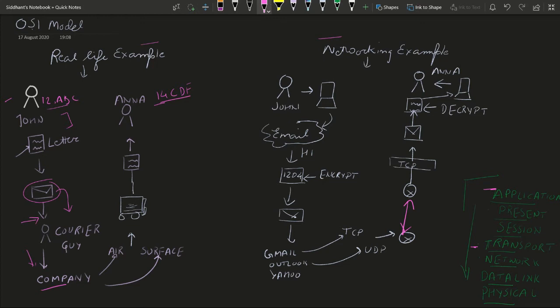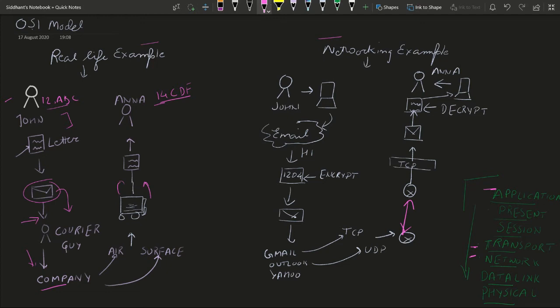The company will see it and decide what route is the best, what path is the best, and which will cost them less to send the letter to Anna's house. The best routing decision comes under the network layer. So all the routing decisions, all the best path decisions will come under the network layer.